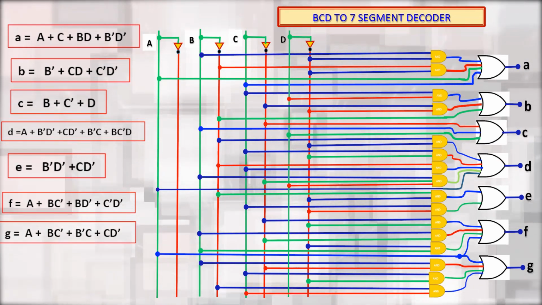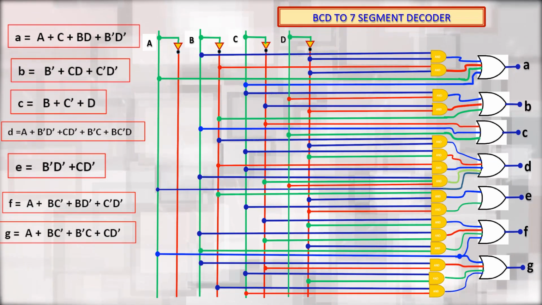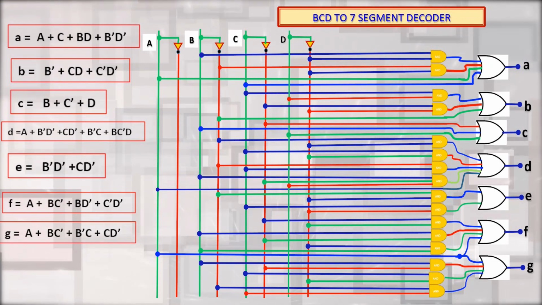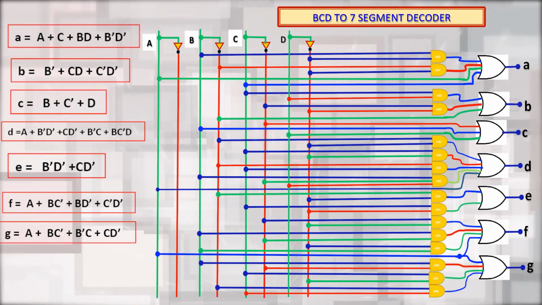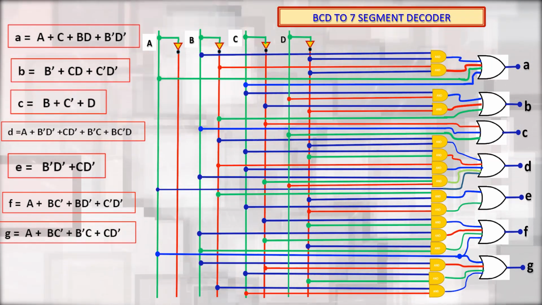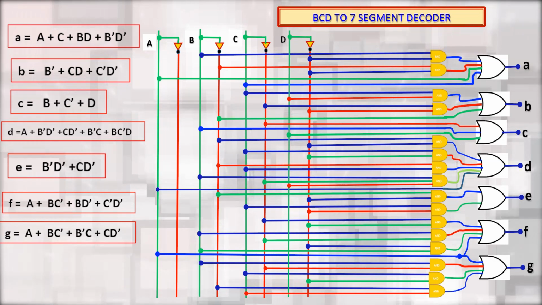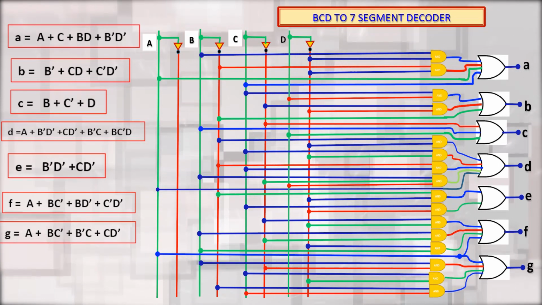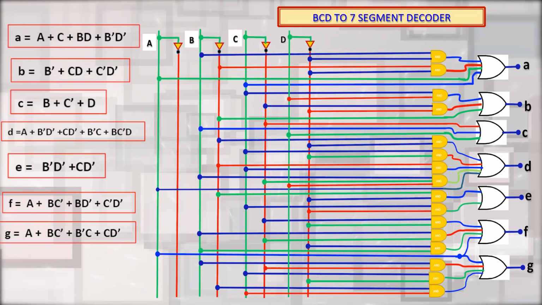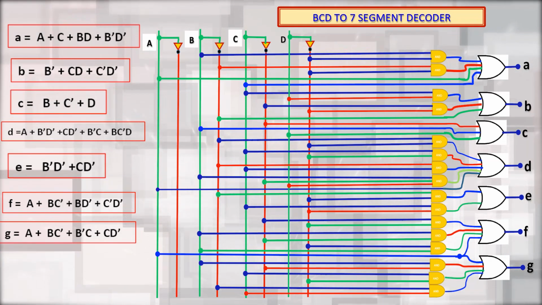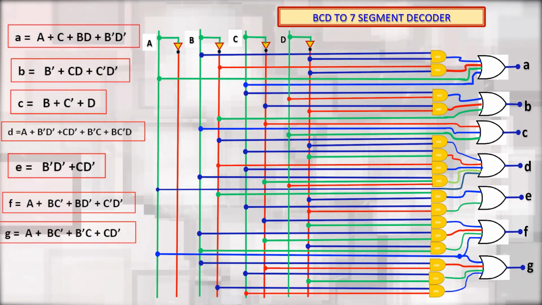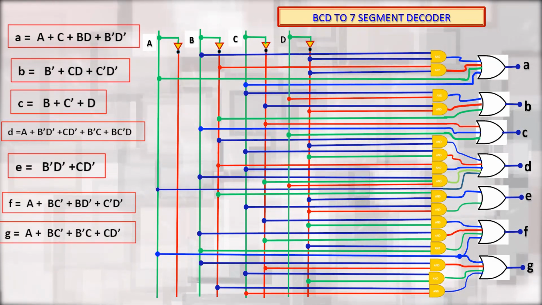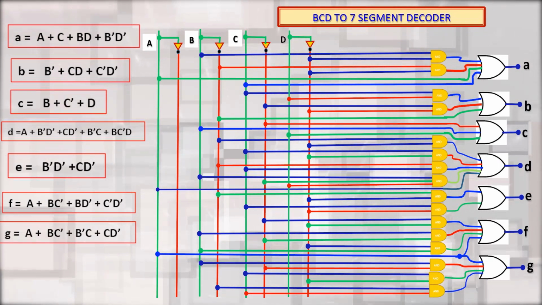So, to the OR gate, input A is directly connected and the inputs B and C bar are first connected to the AND gate and the output of the AND gate is connected to the OR gate. Then we will be having inputs C and D bar. These 2 inputs are first connected to an AND gate and the output of this AND gate is connected to the OR gate.